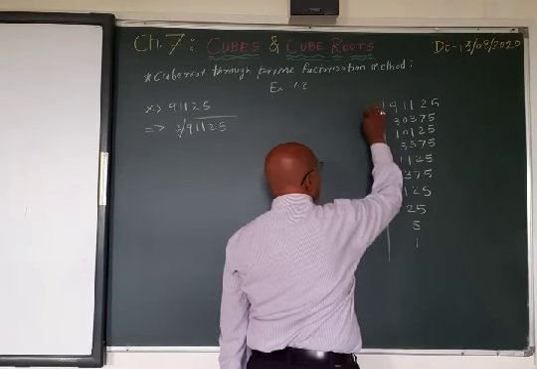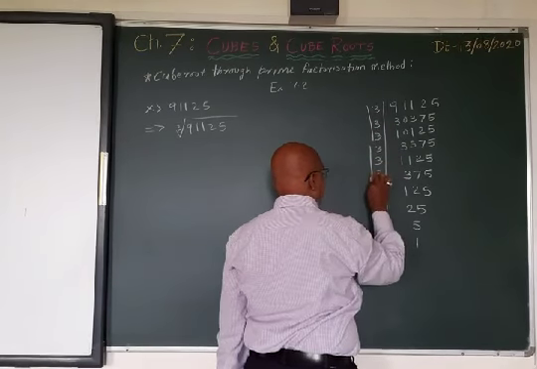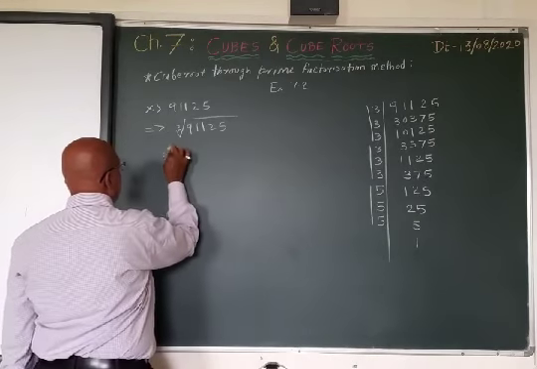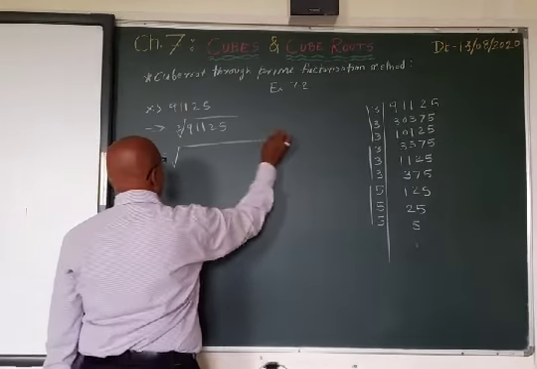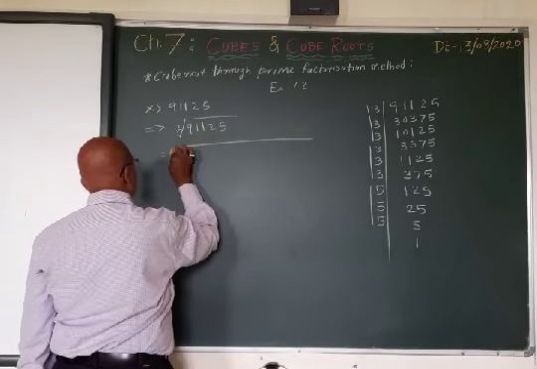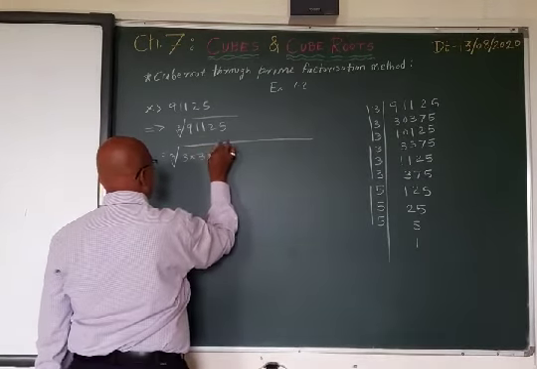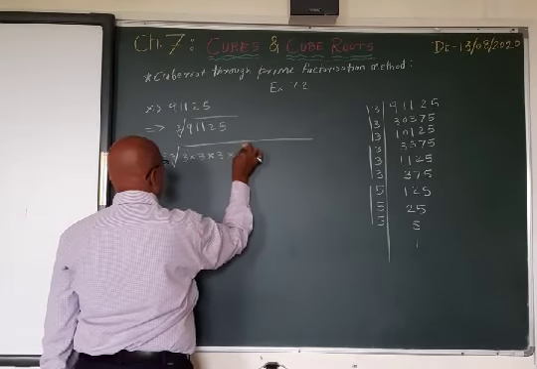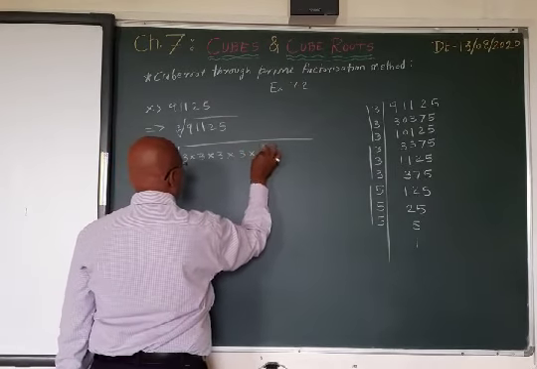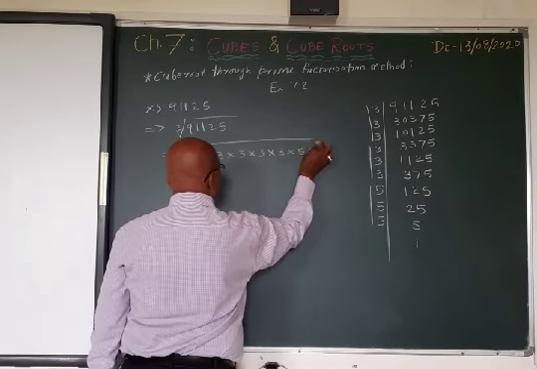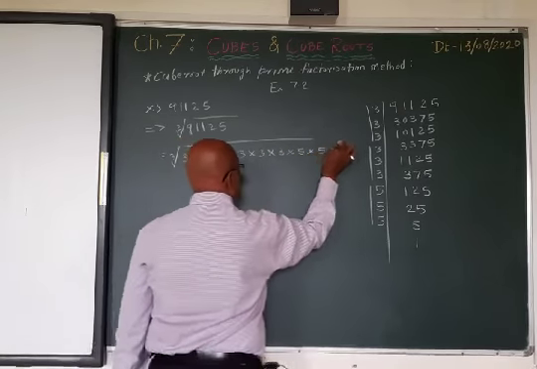So see here, 1, 2, 3 groups we have got. So we can write it as cube root of 3 into 3 into 3 into 3 into 3 into 3 into 5 into 5 into 5.